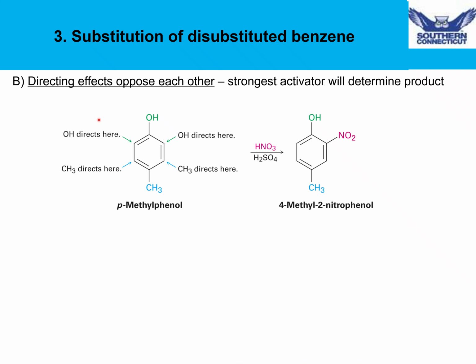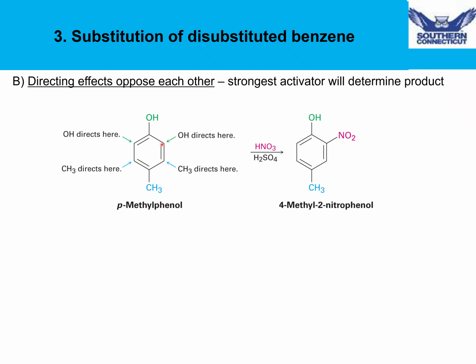When we have a di-substituted benzene compound and both groups are not directed to the same location, then generally the new substituent will go on benzene based on the strongest activator. For example, if we have a phenol and a methyl group, the phenol is the stronger activator, and so it's going to direct the new substituent, which is a nitro group, ortho to it, since the para position is blocked.